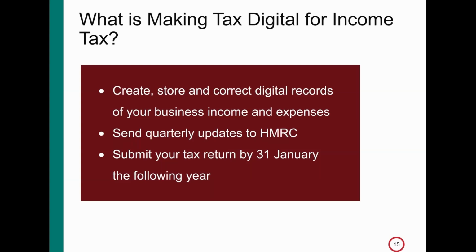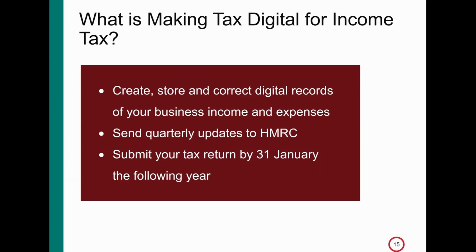You or your agent, if you have one, will need to use MTD compatible software to create, store and correct digital records of your business, income and expenses, send quarterly updates to HMRC, and submit your tax return by the 31st of January the following year.